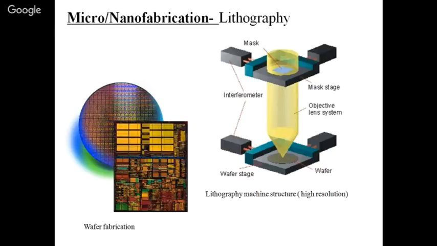It is a slice of silicon, in the electronics field. A wafer is called a slice or substrate, a thin slice of semiconductor material such as silicon crystal, used in the fabrication of integrated circuits and micro devices.